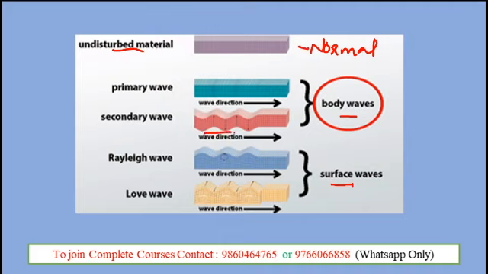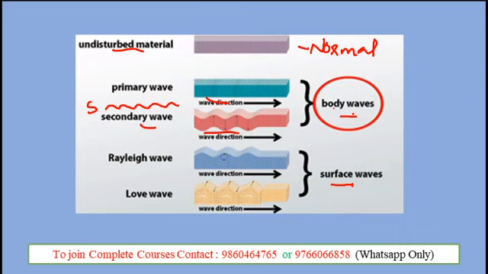This is in a horizontal manner and this is in a horizontal manner. So the primary wave does not cause any noticeable changes in the earth, and that is related with body waves. And the secondary wave will move like a snake. Clear. It moves like a snake. So S for S, secondary wave, like a snake.